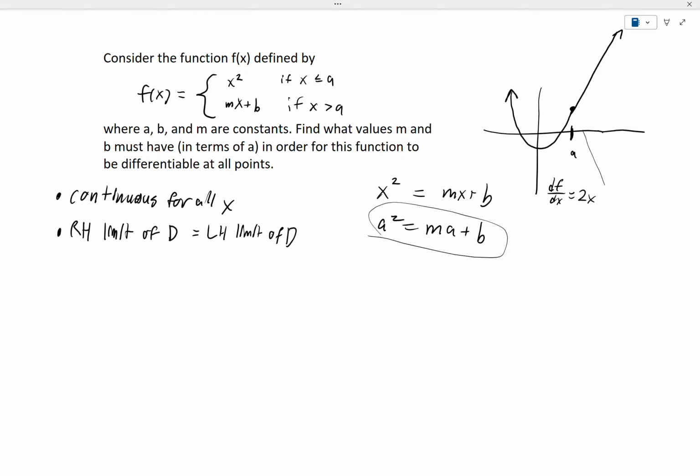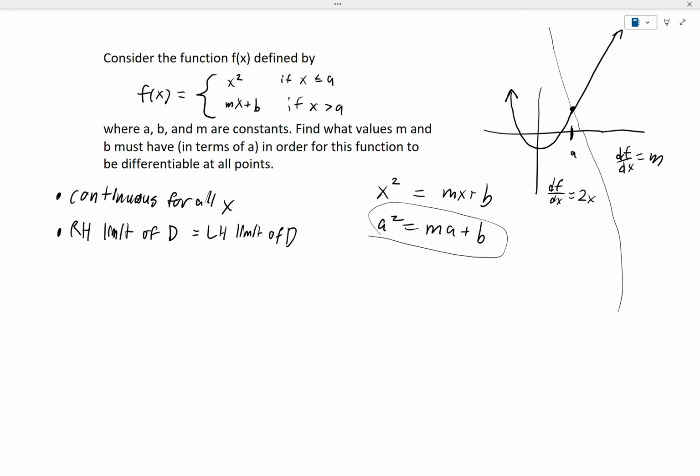I'll just break it up like this. What about coming from the right side? What's the derivative? df dx is just going to be m. We're taking the derivative of mx plus b. That's just m. So these are the derivatives from the left and right side.